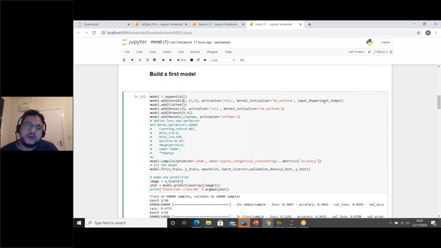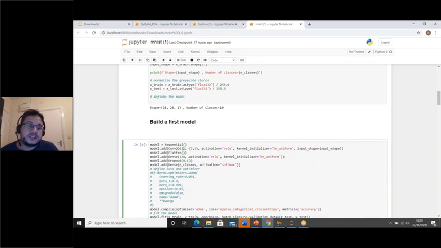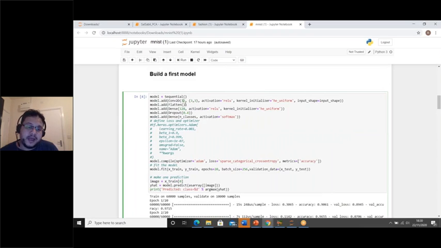And this is the input shape, which is 28 by 28 by 1. So this is a convolutional layer with the Relu activation. Each neuron is connected to 3 by 3, and it will slide along the image, and it will produce 32 outputs. So we have 32 neurons. Is it fine so far?